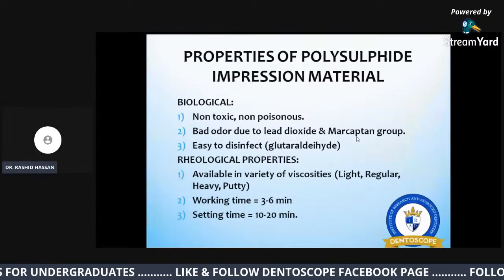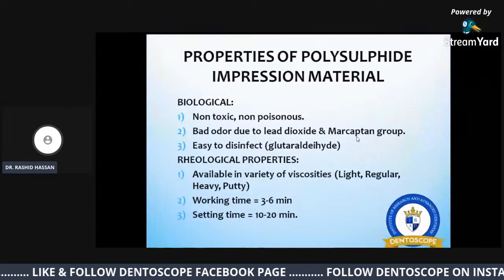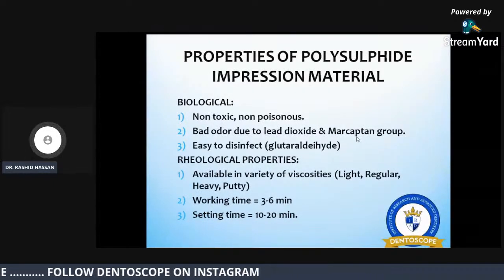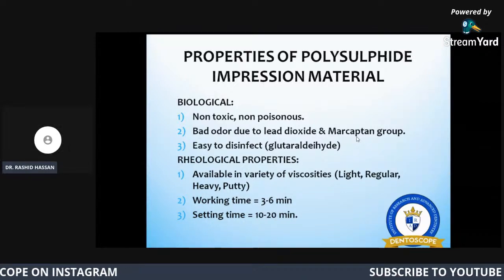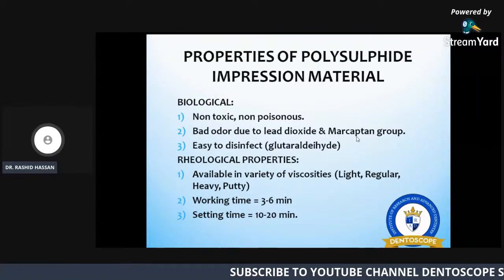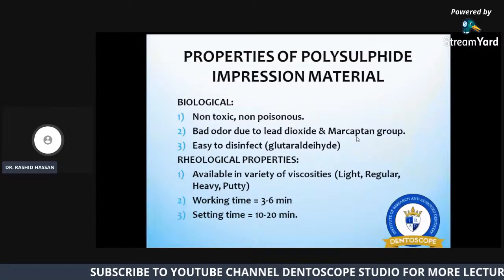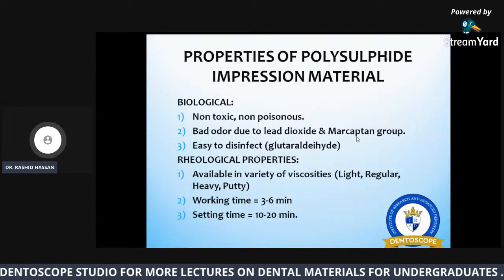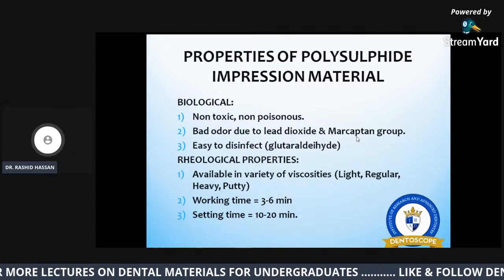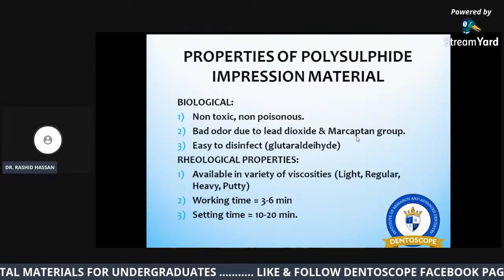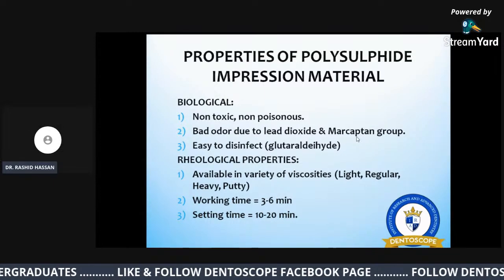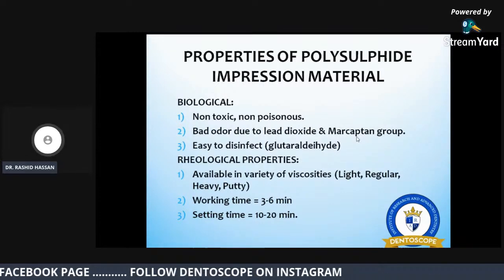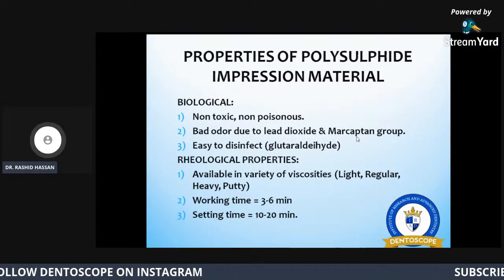Biologically, every material must be biocompatible. It should not cause any toxic or harmful effect to the orodental tissues. The same is the case with the polysulfide impression material. It is non-toxic, non-poisonous, but there are certain problems like bad odor or bad taste.